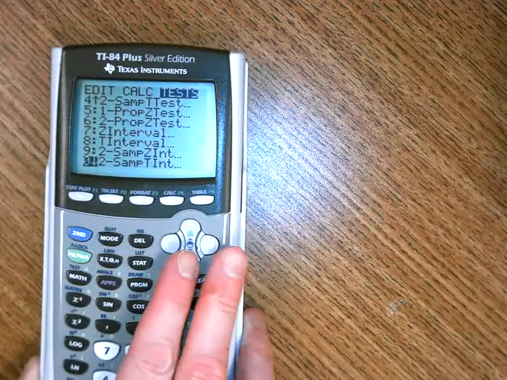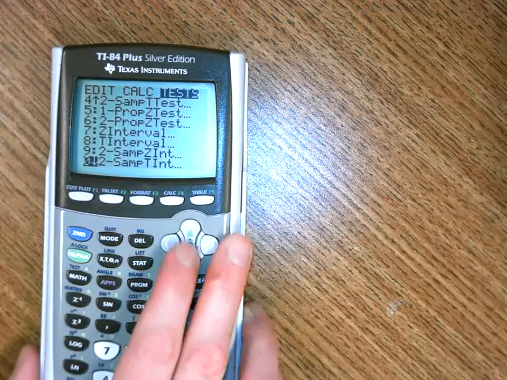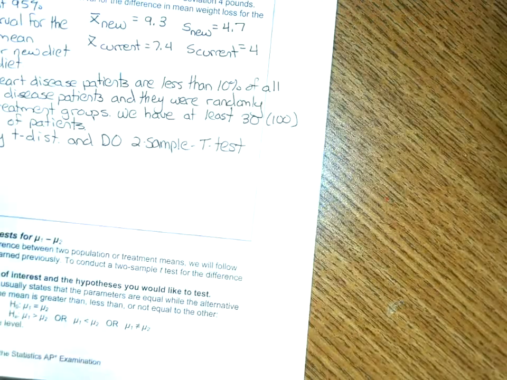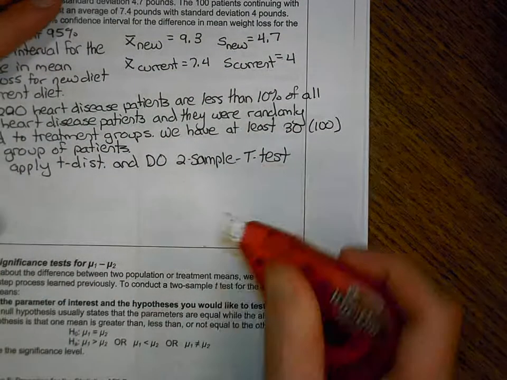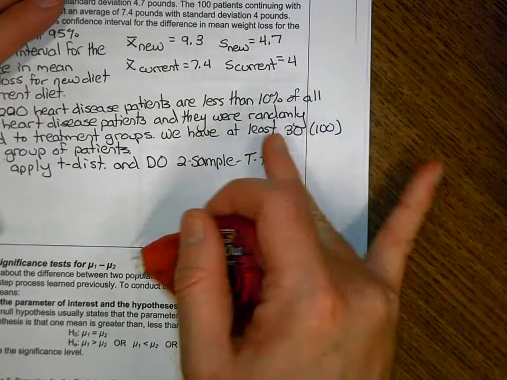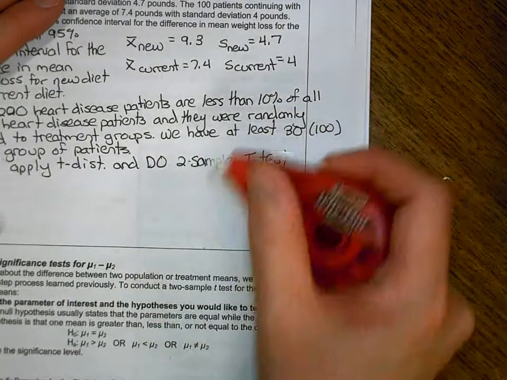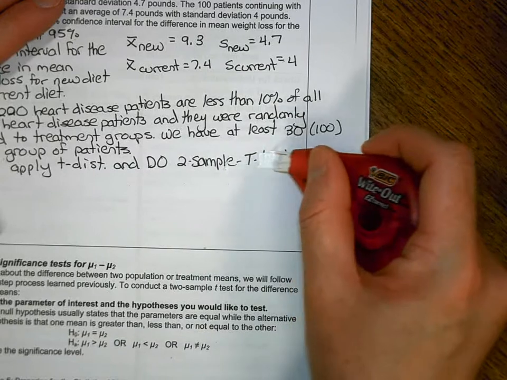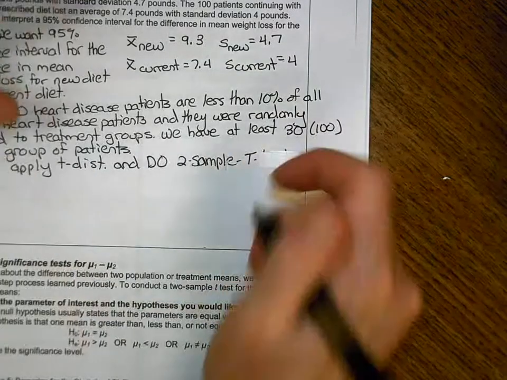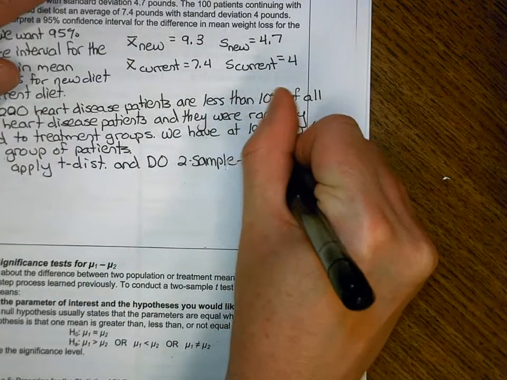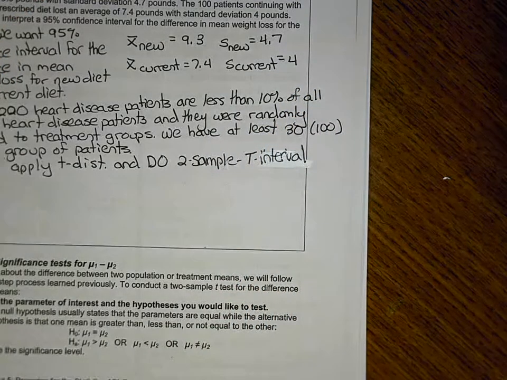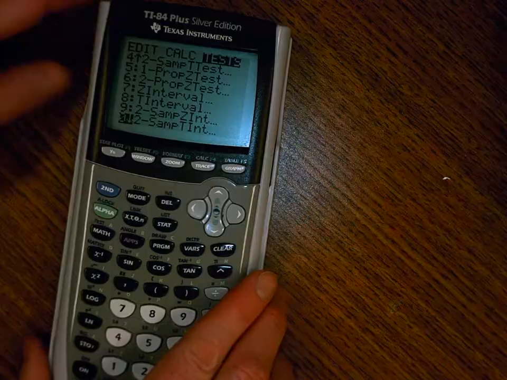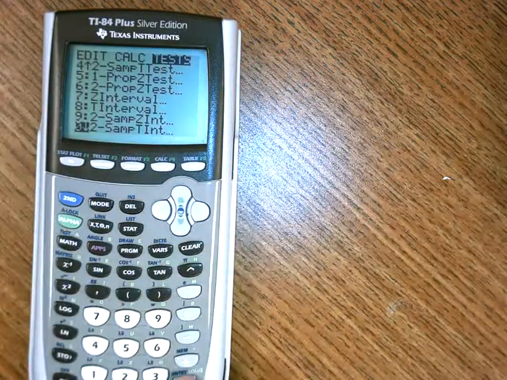So 2 sample t-test, or t-interval. Oh no. I would have caught that eventually. T-interval. So 2 sample t-interval. Enter.